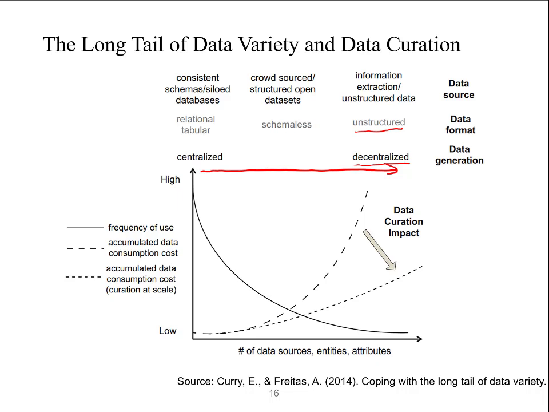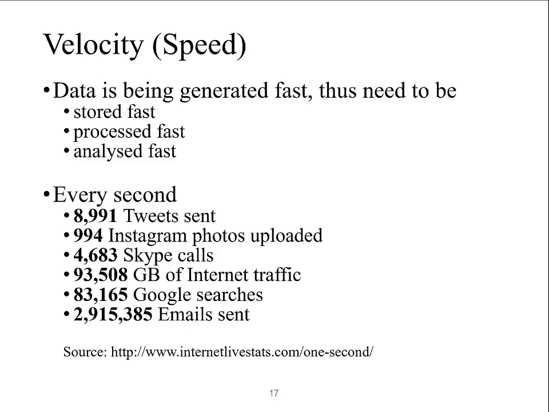But as you can see in the figure, the consumption cost grows rapidly. So this is how data curation can help to reduce the cost and bring the consumers a better experience.